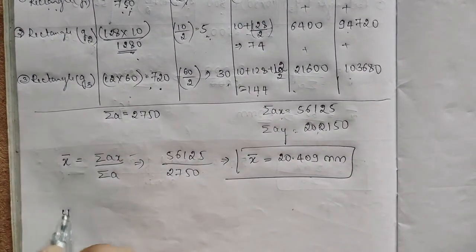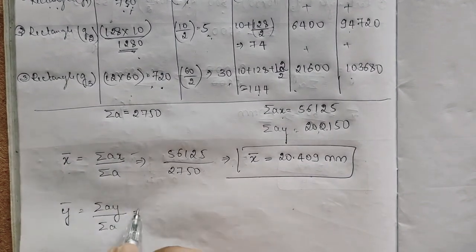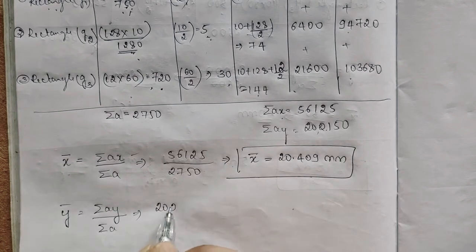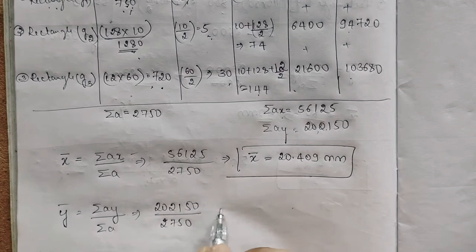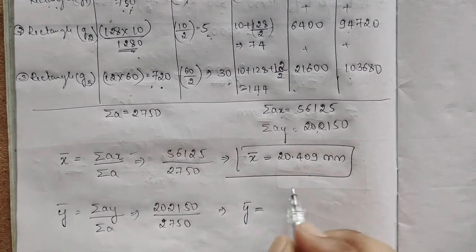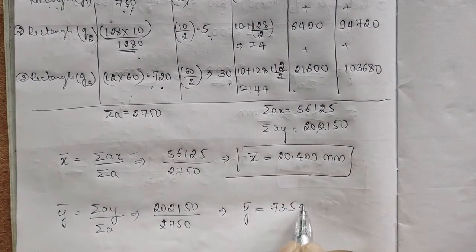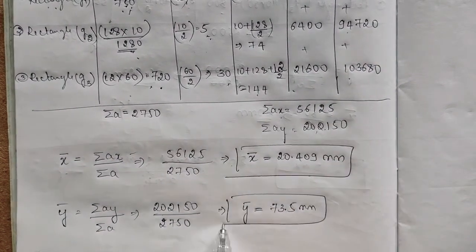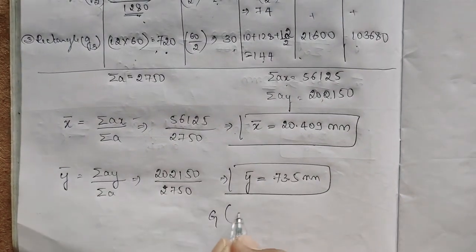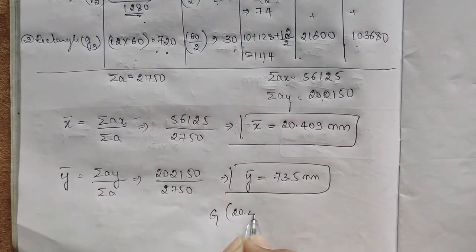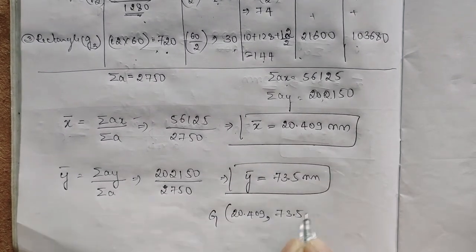Similarly, y bar is equal to the summation of A into y divided by the summation of A, that is 202,150 divided by 2750. So y bar is equal to 73.5 mm. So the centroid G lies at a distance of 20.409, 73.5.